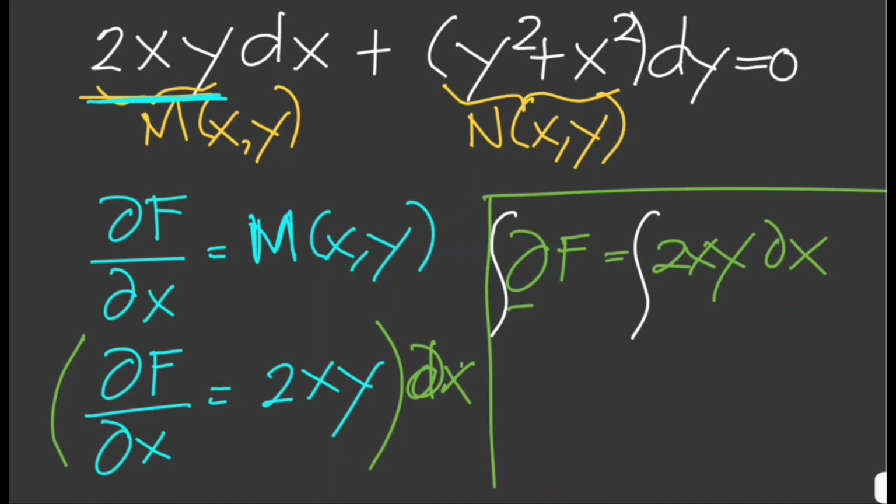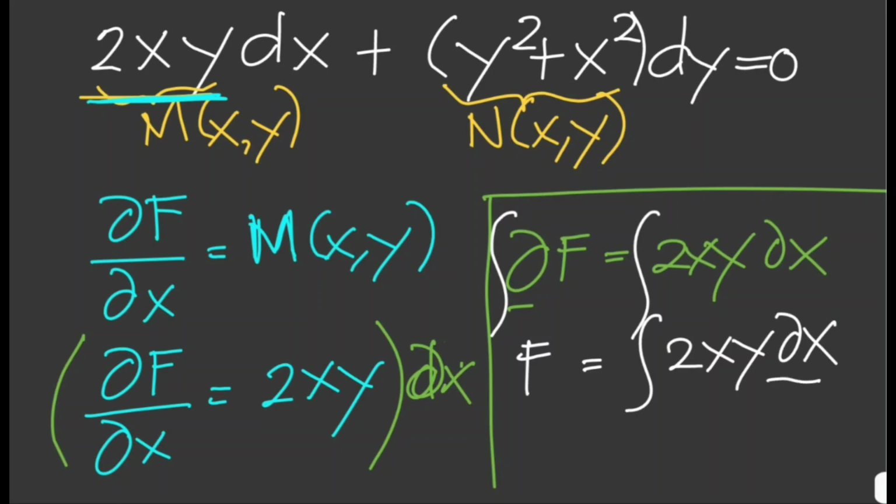The integral of df is f, and then we get the integral of 2xy dx. Again, we're dealing here with partial derivatives, so when we integrate with respect to x, we only integrate those terms that have x in them, and we consider the rest of the terms as constants.